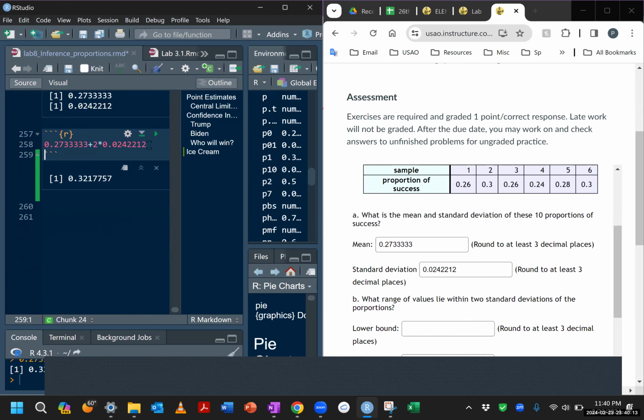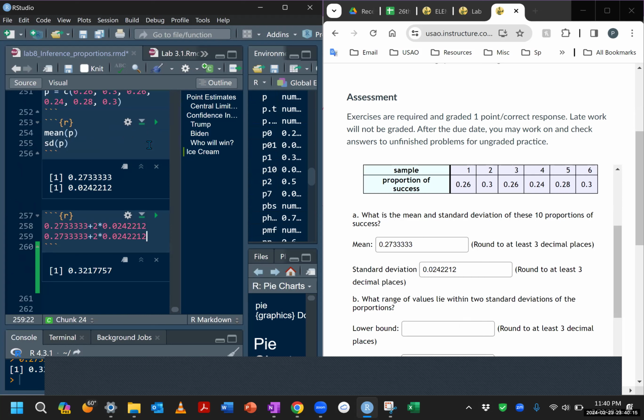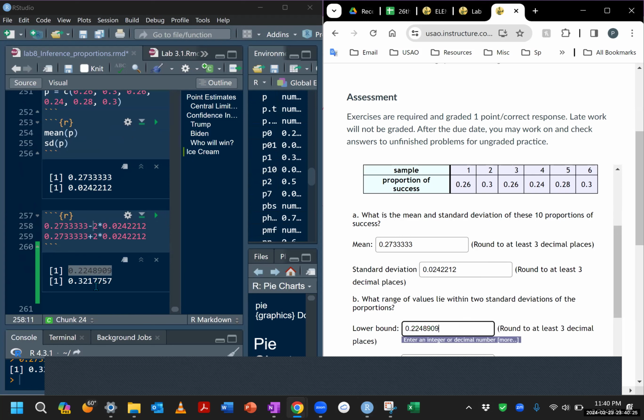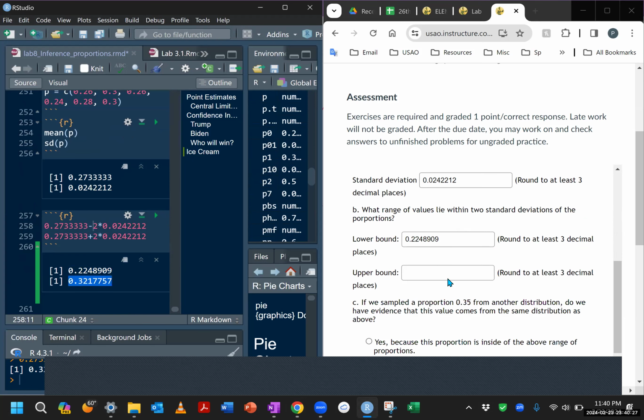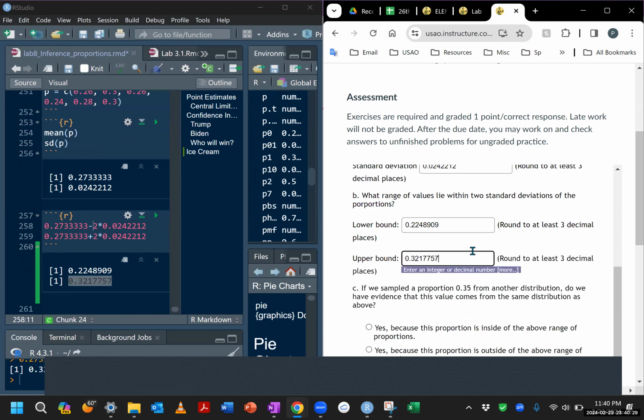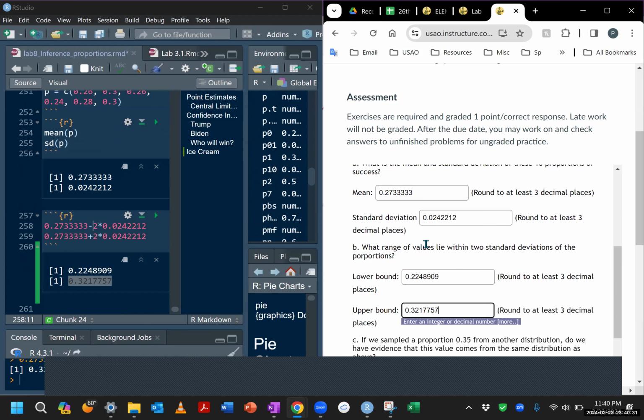That tells me a pretty plausible range of values from this distribution. So I get a range of 22% up to 32%. That tells me the plausible range of what lies within 2 standard deviations of my sampling distribution.